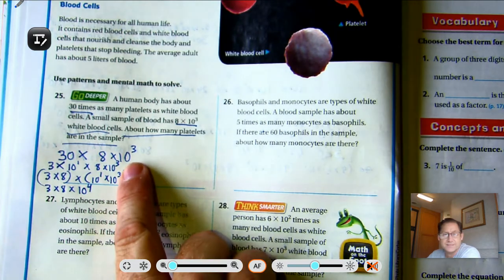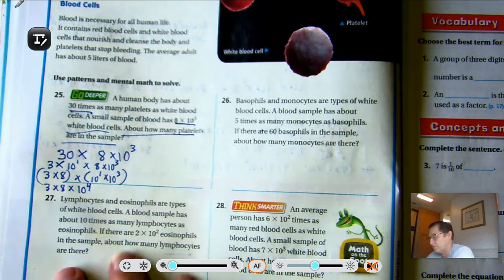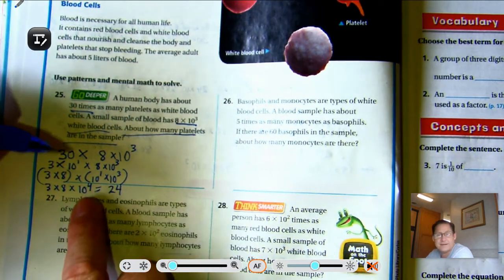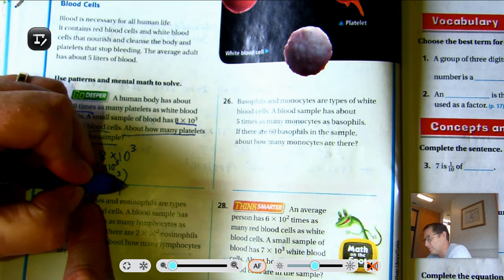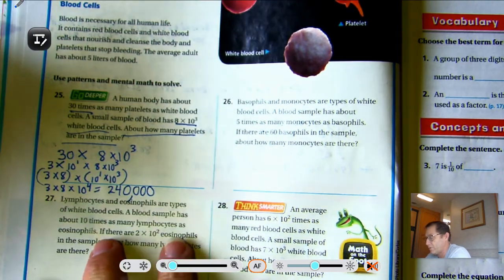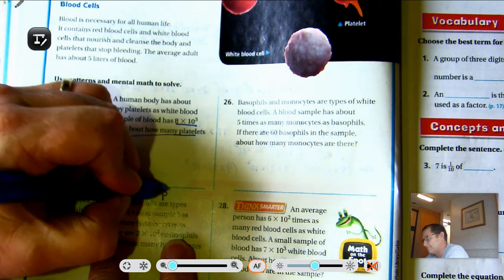We'd have 3 zeros in this number, and 1 zero in this one, for a total of 4 zeros. 8 times 3 is 24, and that 24 will be followed by 4 zeros. So 240,000 platelets.